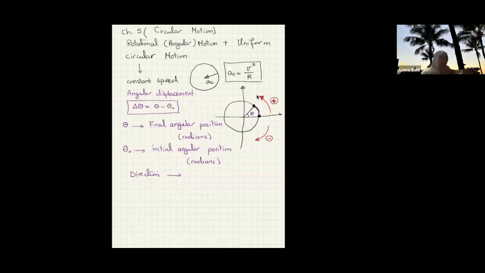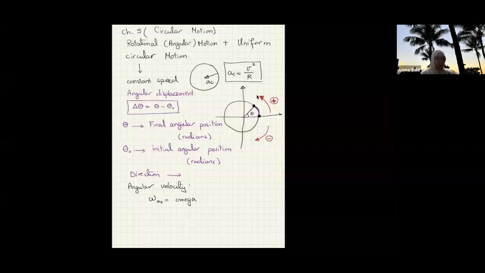At the same time, I will define what is called angular velocity. The same way that we did with the linear motion, we're gonna go in the same order. Now we use for it that curved w, we call it omega. This is a Greek letter. And that is gonna be the change in the angular displacement over time.